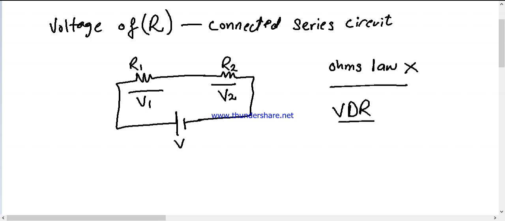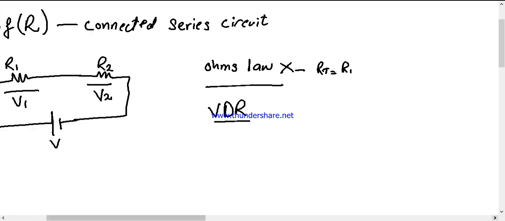In Ohm's law, what happens? First we have to calculate the overall resistance, that will be RT equals R1 plus R2.